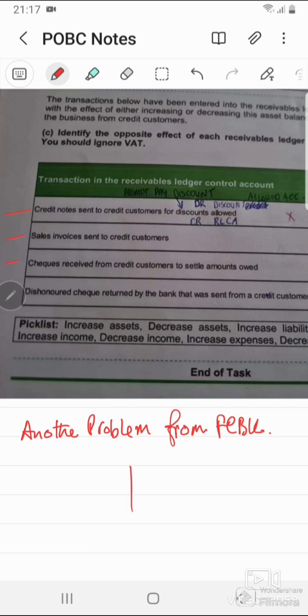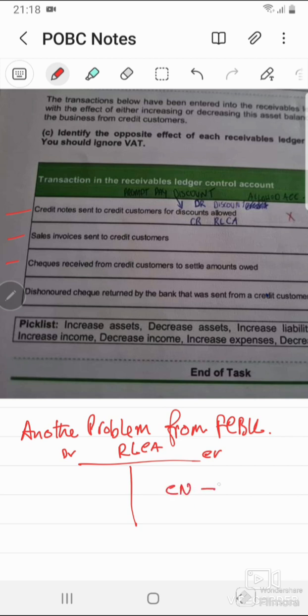So if we know the RLCA T table, this is an asset account, RLCA by the way, so the credit note will be on the credit side.